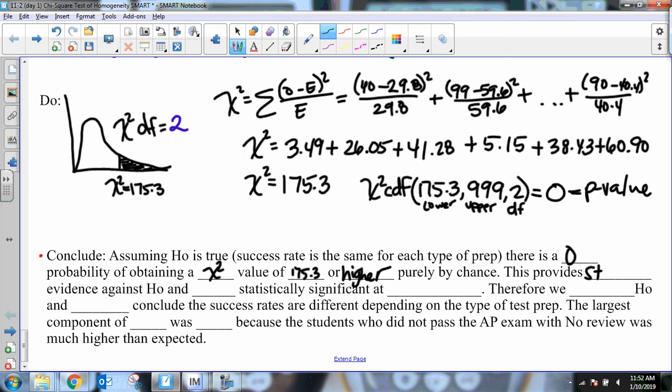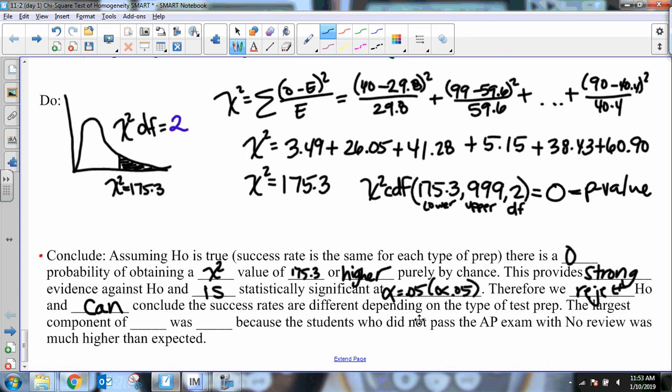This provides very strong evidence, because it's so small, against the null hypothesis and is statistically significant at alpha equals 0.05, because 0 is less than 0.05. Therefore, we reject the null hypothesis and can conclude the success rate is different depending on the type of test prep.